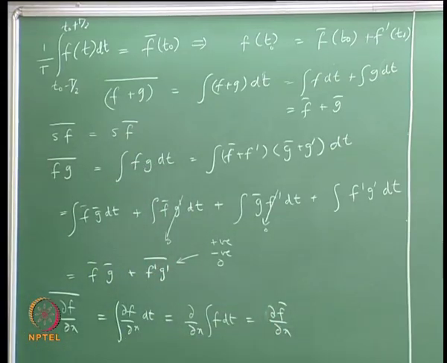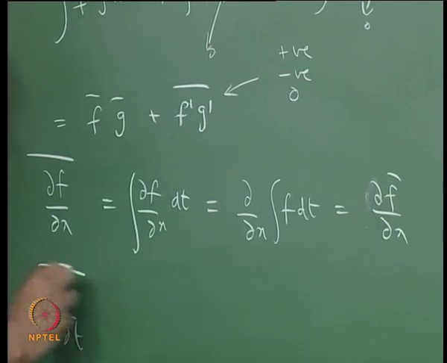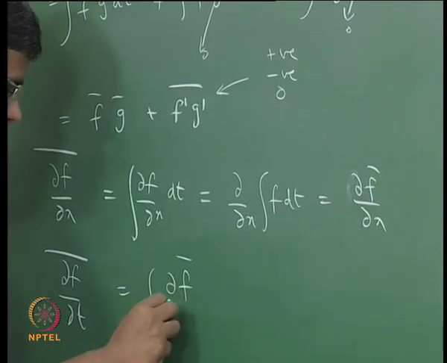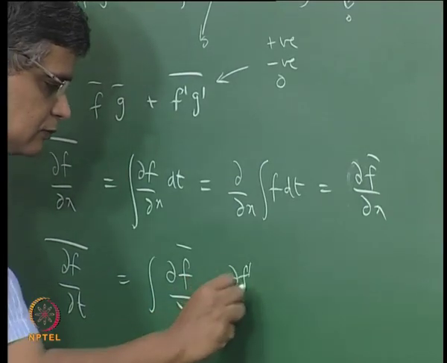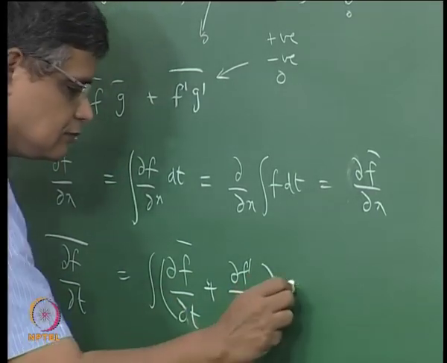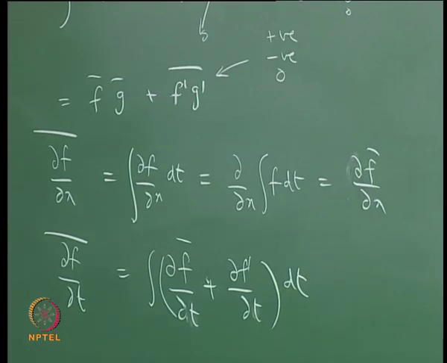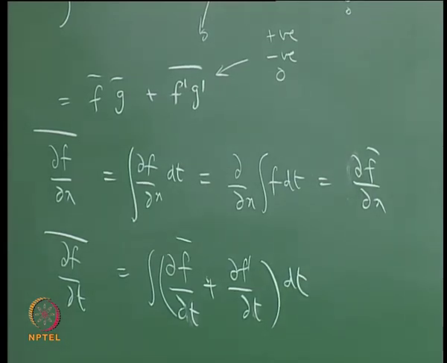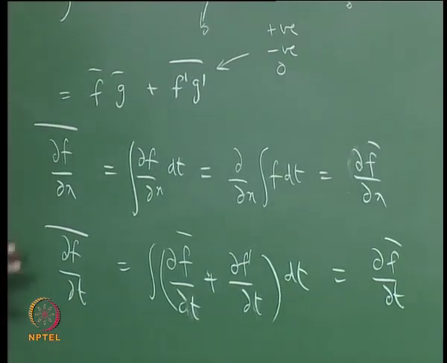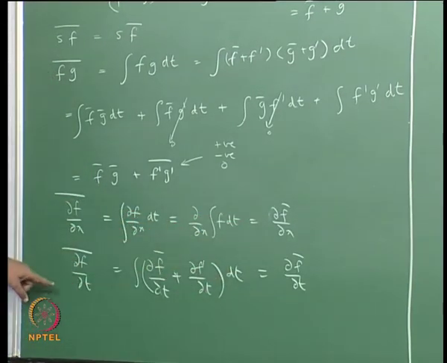And similarly the time average of dou f by dou t becomes dou f bar by dou t, so that all derivatives of the time average quantity, whether spatial or temporal, are derivatives of the time average.